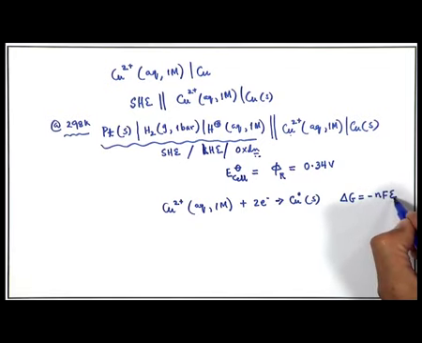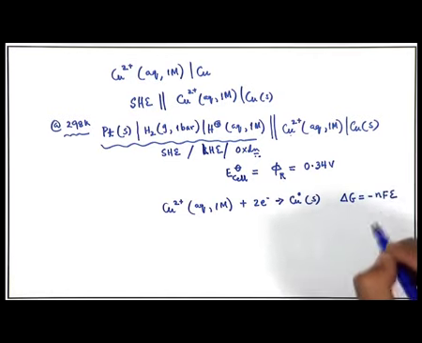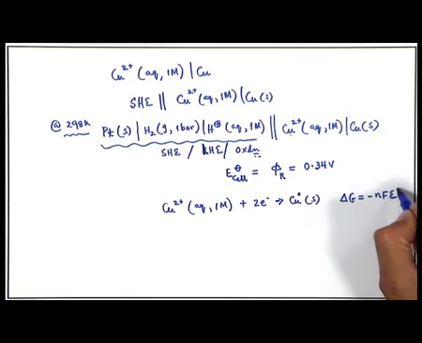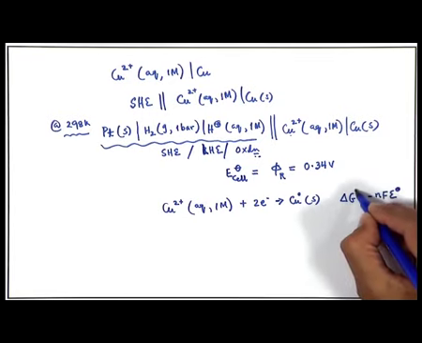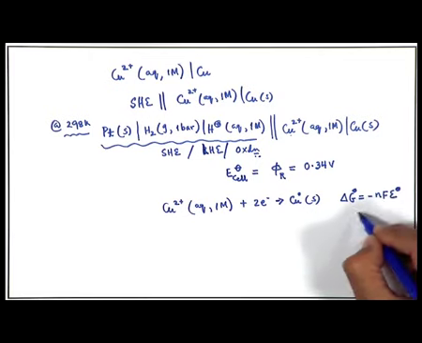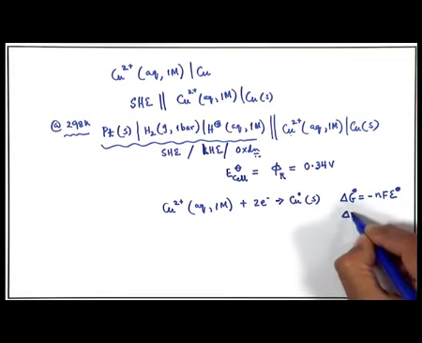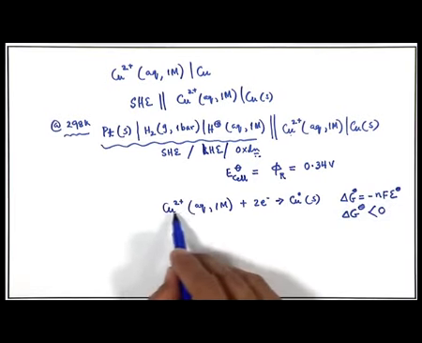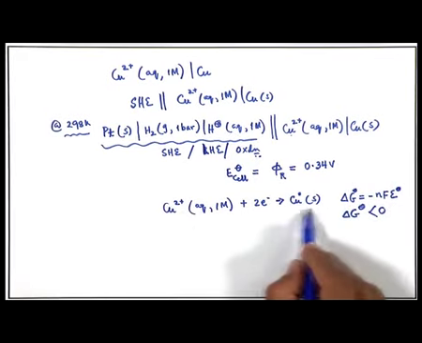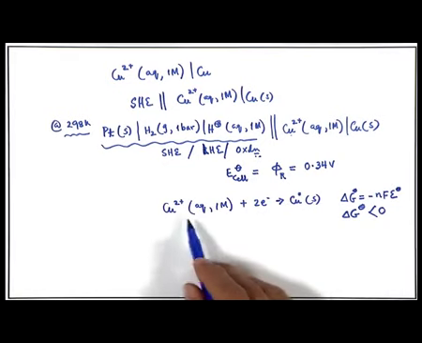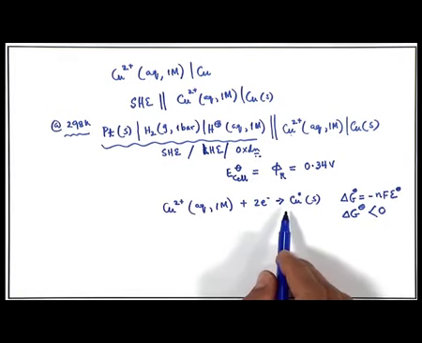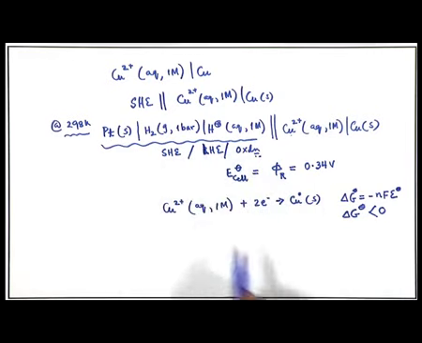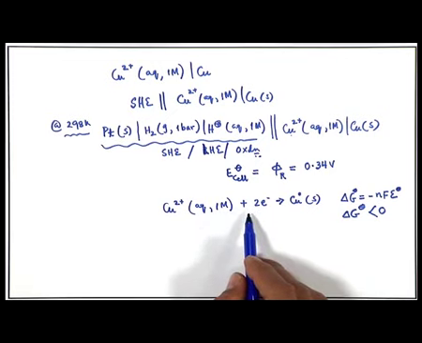So, since E is positive, this E cell is positive, therefore this delta G0 for the process, because it is E0, will be negative. So, therefore, this process will be spontaneous as it is represented, copper 2 plus to copper. It is a spontaneous process under this total cell reaction, where this is the half cell reaction.